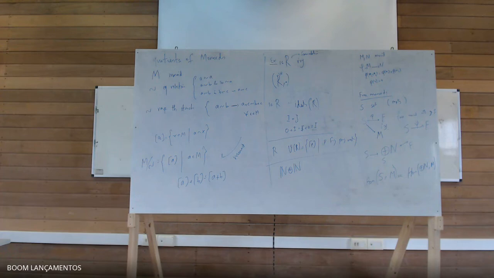Yeah, I mean, you lose, of course, some information because you're identifying a lot of objects with the same one. But this is the quotient monoid.